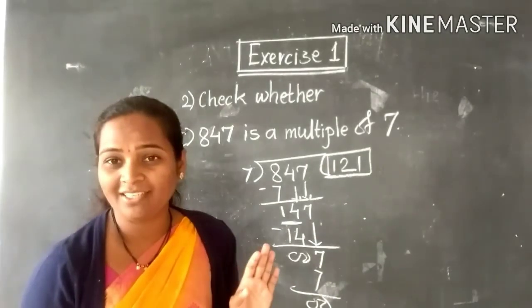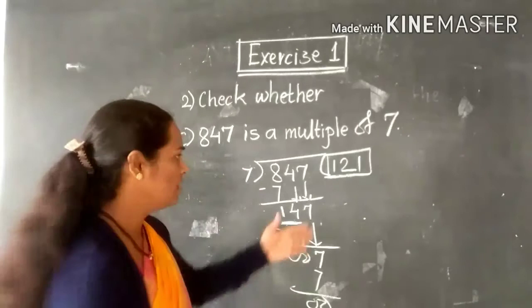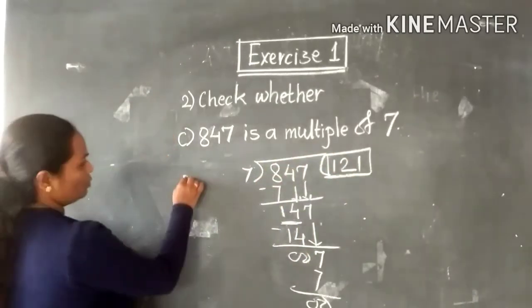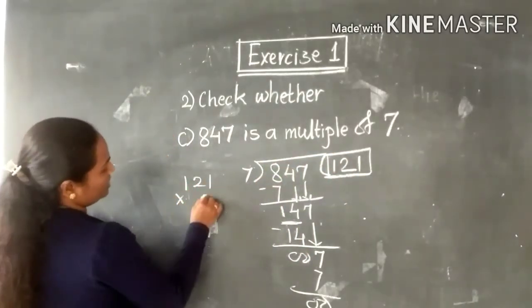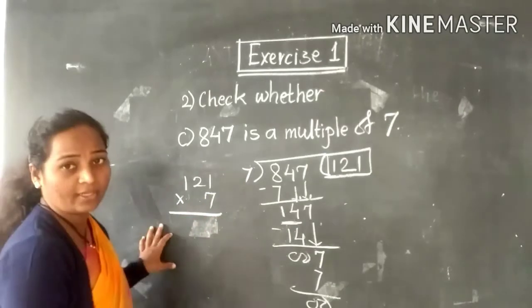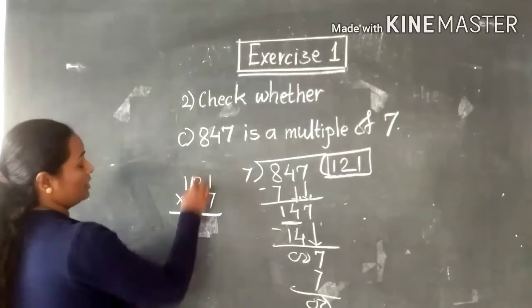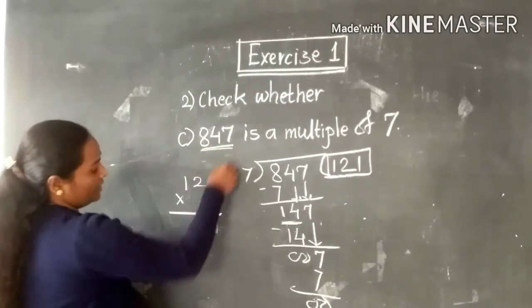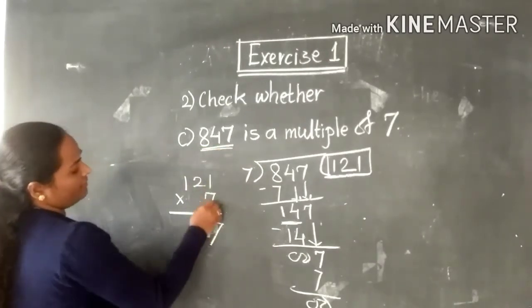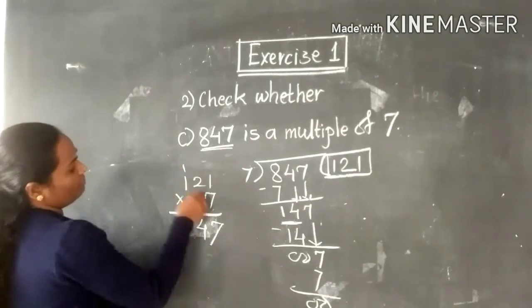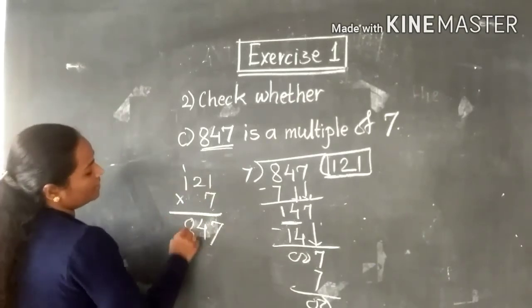Do you want to check it? Is it correct or not? Simply do this: 121 into 7, means multiplication we want now. Multiplying this number by 7, what number do you get? 7 ones are 7, 7 twos are 14, 7 ones are 7 and 1, it is 8.